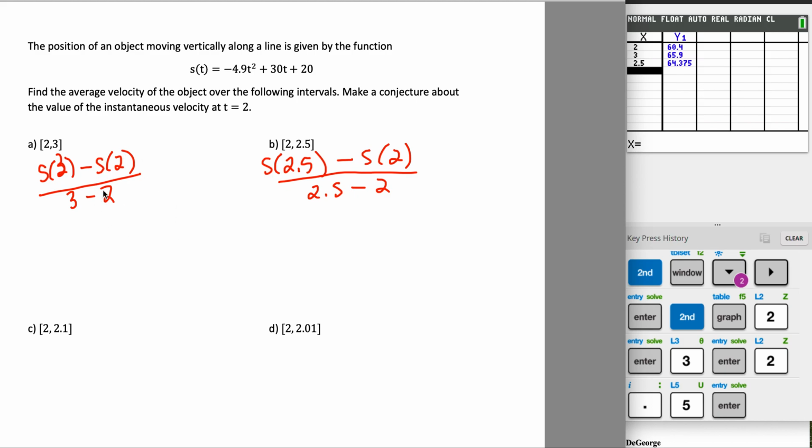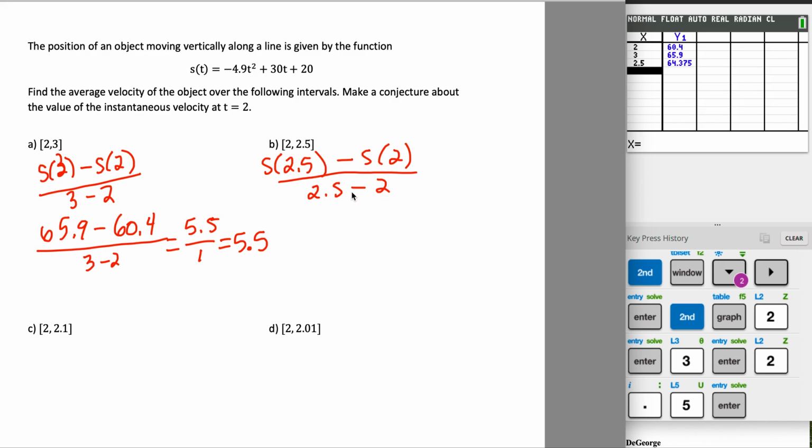Okay, so if we keep going with our average velocities, I need s of 3, which is 65.9, minus s of 2, 60.4, divided by 3 minus 2. So I get 5.5 divided by 1, or 5.5. The average velocity between time 2 and time 3, or the slope of the secant line, is 5.5.